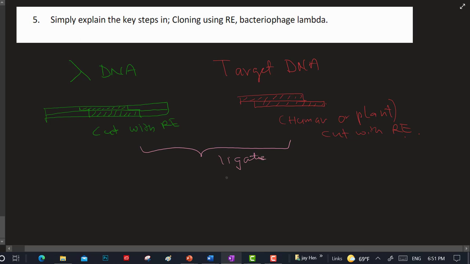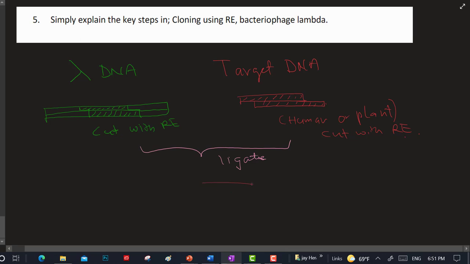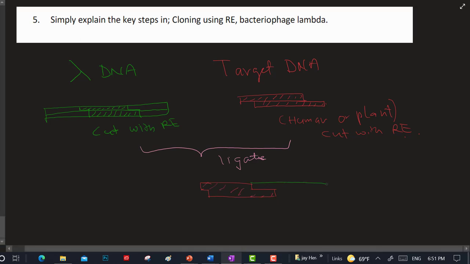Now we have the phage DNA carrying our target DNA, and we just have to deliver that to a cell, right? So this is the target DNA, now incorporated into the lambda phage DNA.